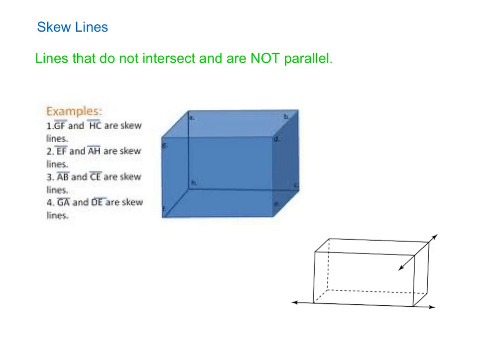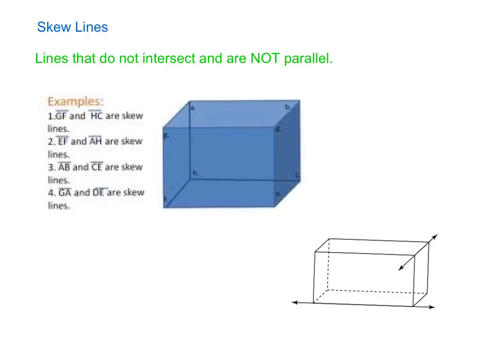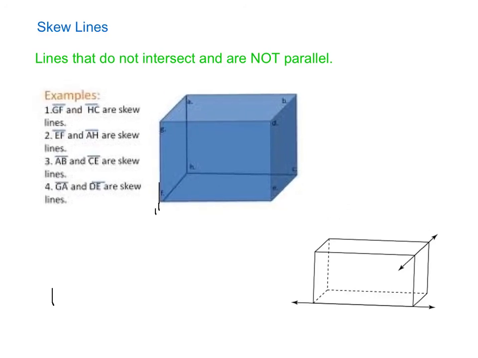Alright, so skew lines. Skew lines are lines that do not intersect, and they are not parallel. So in the first example here it says GF, which is this side here, and HC are skew lines. And then it's the back edge there. If those lines continue out infinitely, they would never intersect.